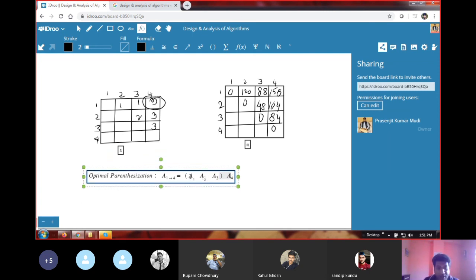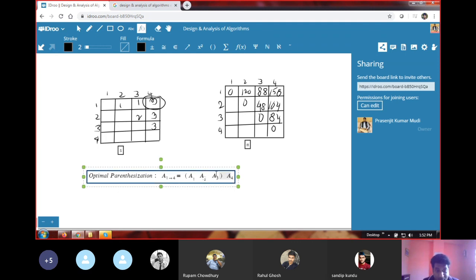Next we have A1 dot A2 dot A3. We can't multiply this. We have to take a pair of matrices. Which pair? A1 A2 or A2 A3? That means we are trying to apply here a suitable parenthesis, right? What is the parenthesization? That means what is the value of k here? That will be given by S1 3. What is S1 3?